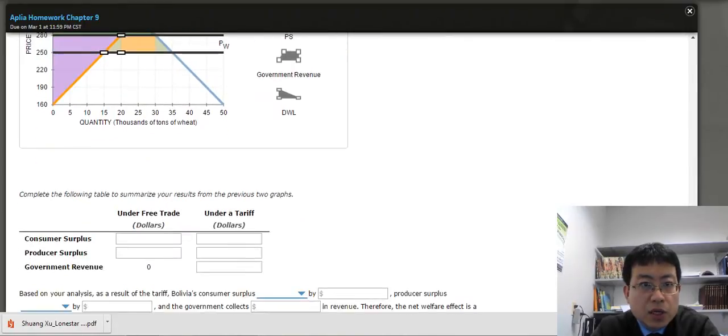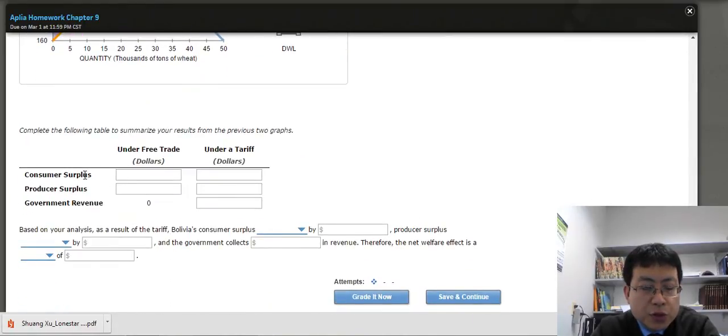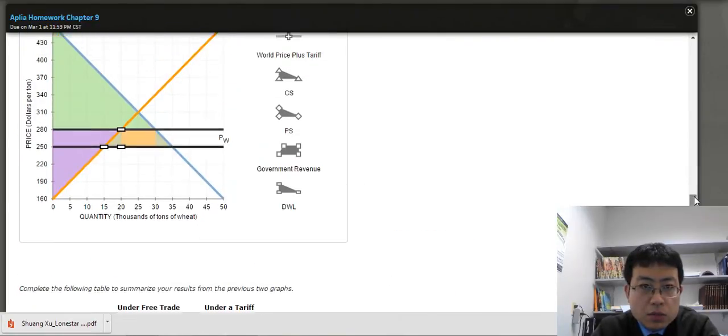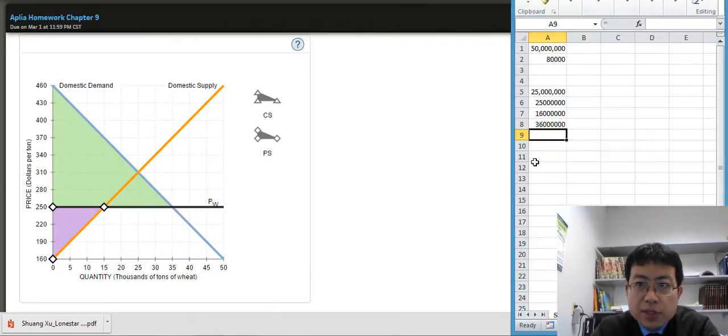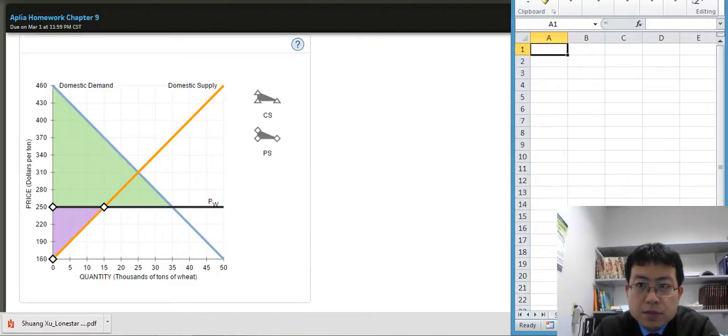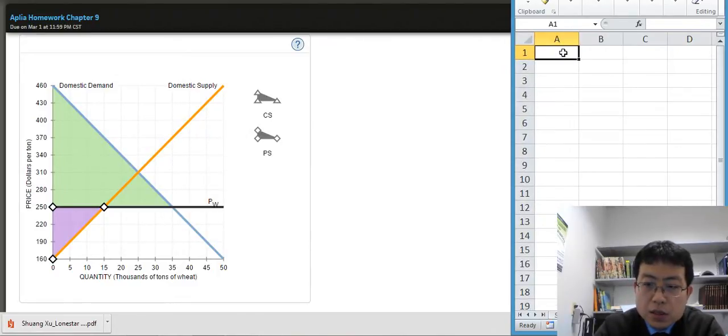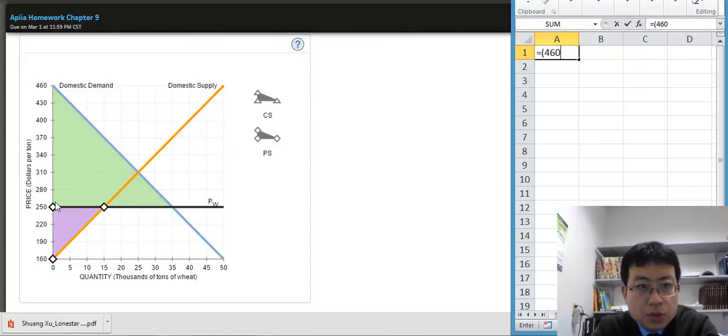And next, let's answer the question below. Consumer surplus and producer surplus under free trade, with no tariff, on the top graph over here. Let me open a new sheet. For consumer surplus, it's a big green triangle. It goes from 460 to 250.